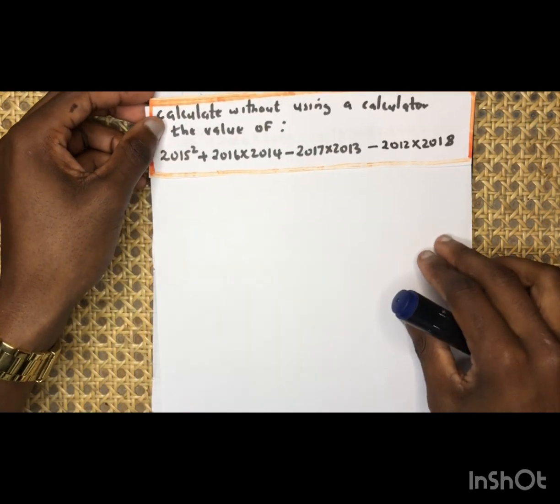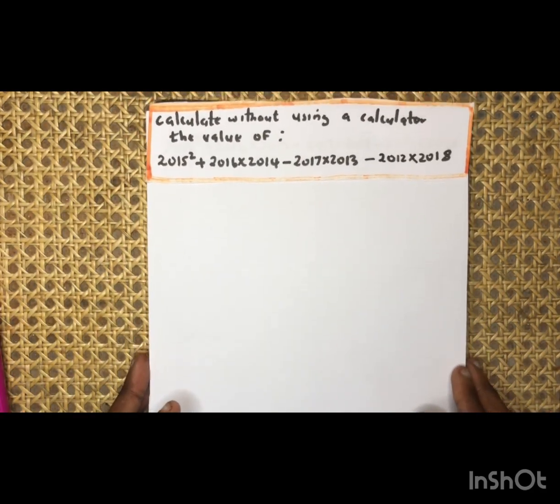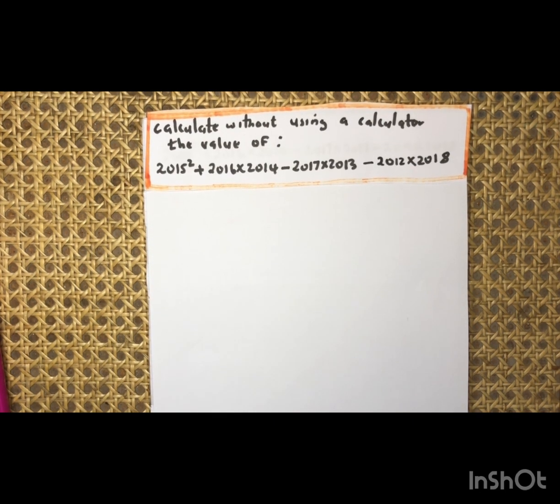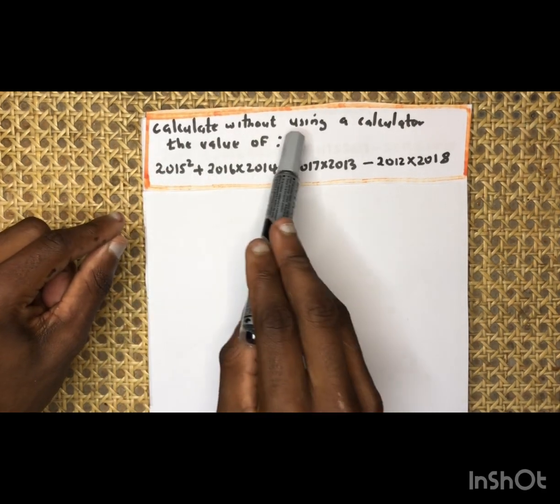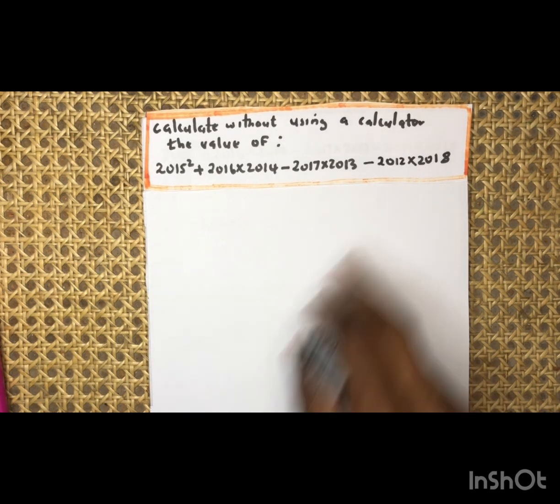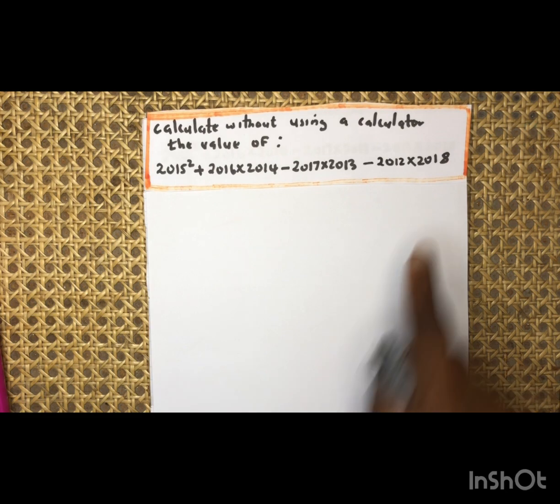We have this question. Remember, guys, you can pause the video and try to attempt these questions on your own. So here we are given, it's telling us to calculate without using a calculator the value of 2015 squared plus 2016 times 2014 minus 2017 times 2013 minus 2012 times 2018.